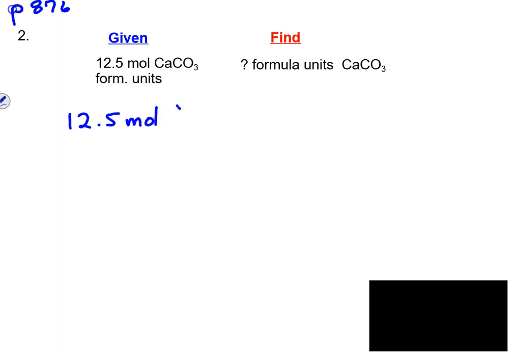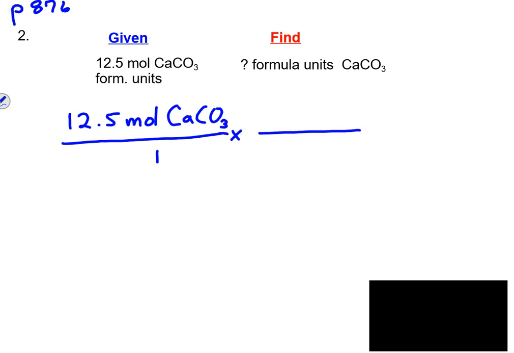Now, we're trying to get formula units. Is that the Avogadro number or the periodic table? Particles. Avogadro. Good. So the Avogadro number equals 1 mole, always, no matter what the particle. Let's make this carbonate, CO3.